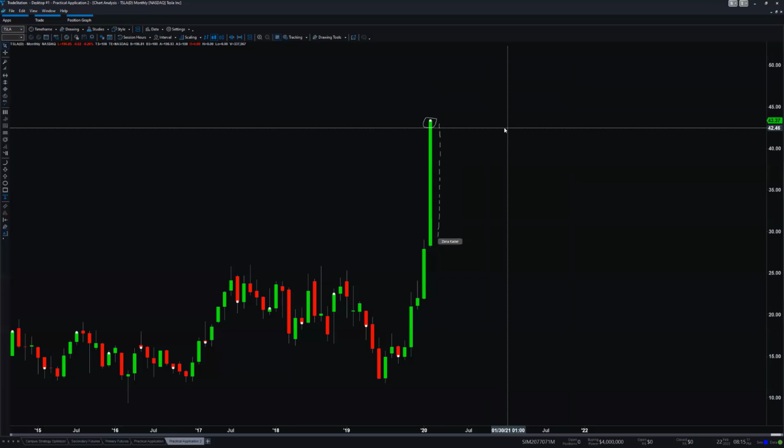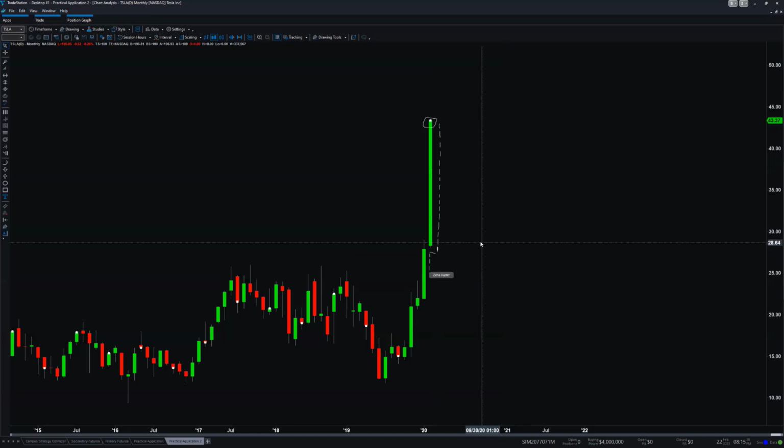You find another explosive candle or another part of the formation, you would go down to the left, not cutting through any candles. That's perfect. So what you find next is another explosive candle. You have an indecisive candle.